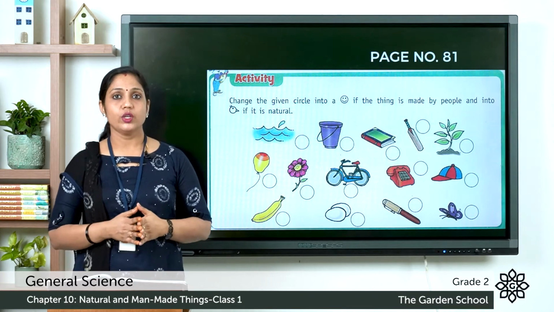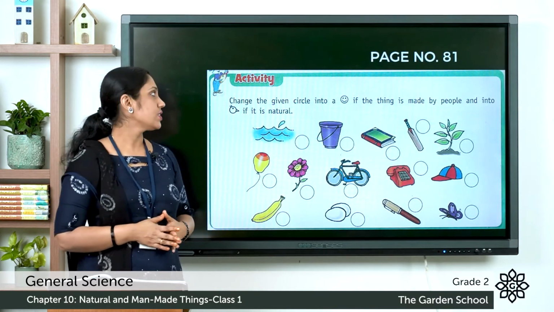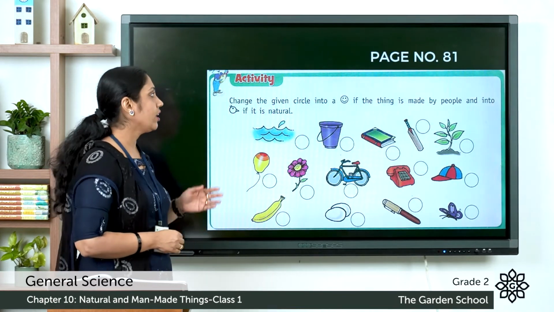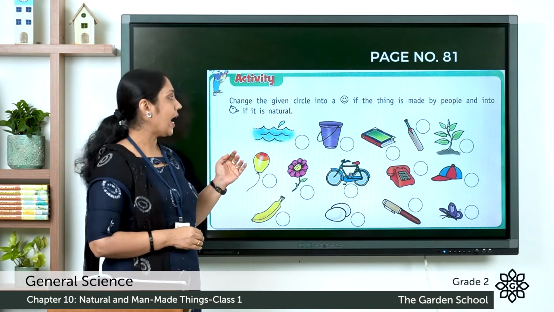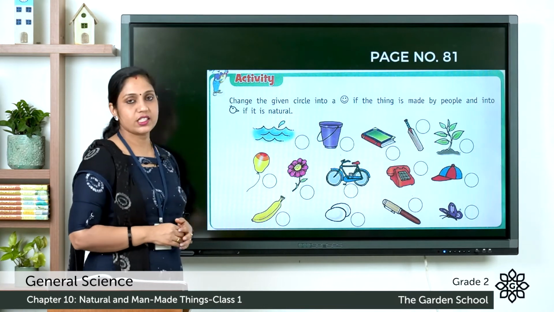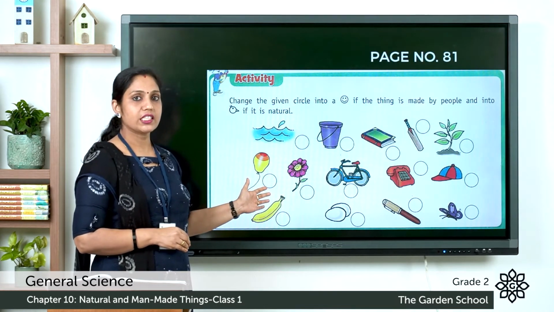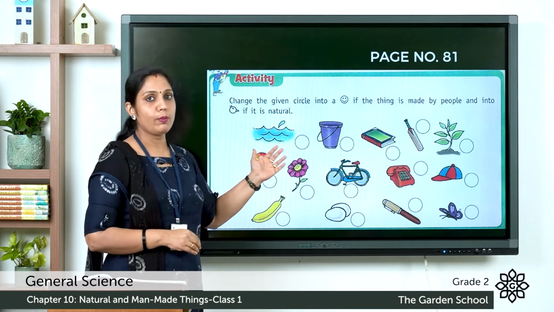Page number 81, you have an activity. Let's see what it is. Change the given circle into a smiley if the thing is made by people and into a bird if it is natural. So you can see here some pictures are given and we have to classify it into natural or man-made things.